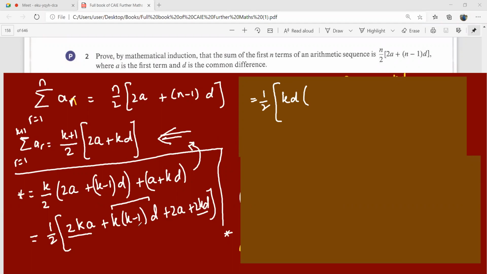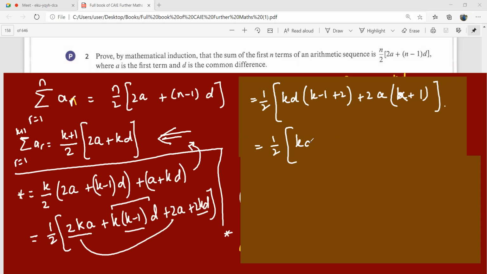So I have k minus 1 from here, and then I have 2 from here. And from these two, I'll be taking 2a common. So I have, sorry, k plus 1, I have k plus 1.